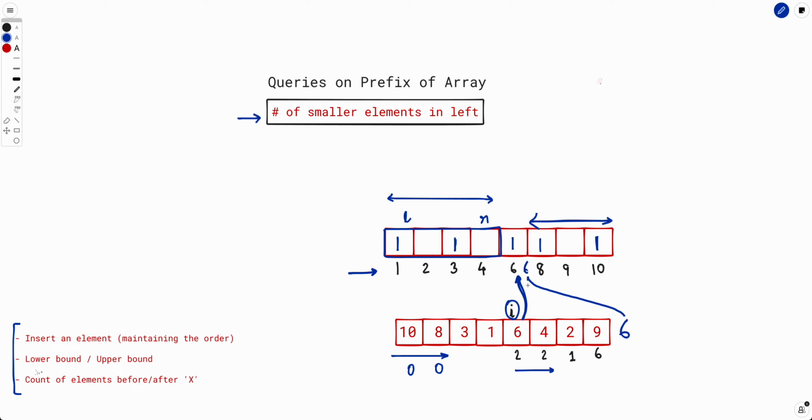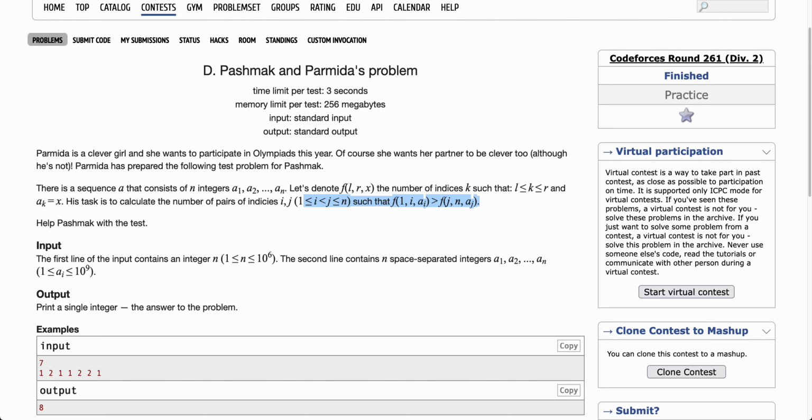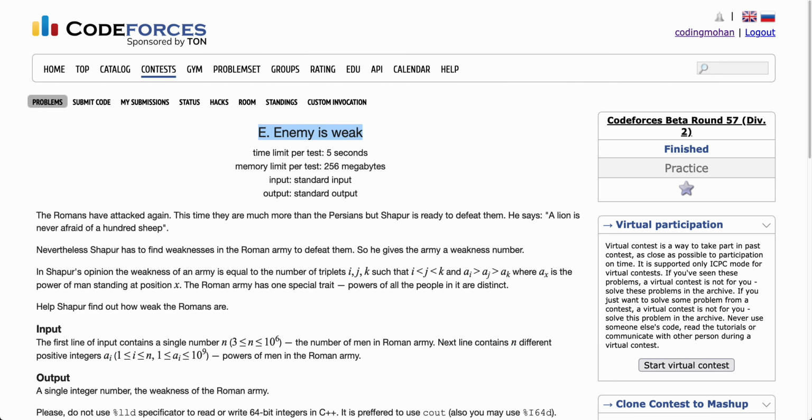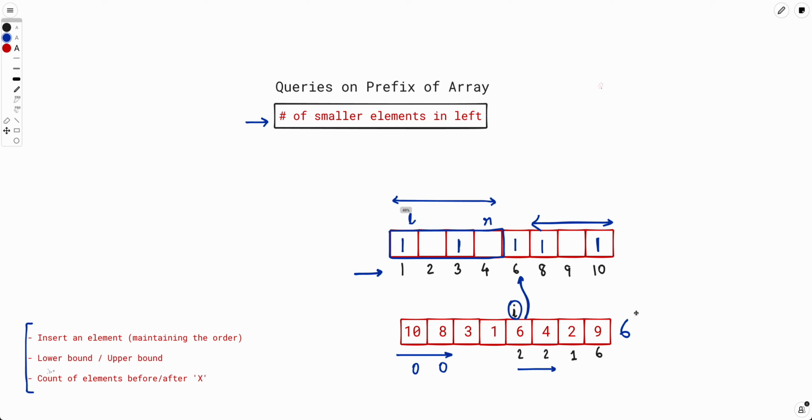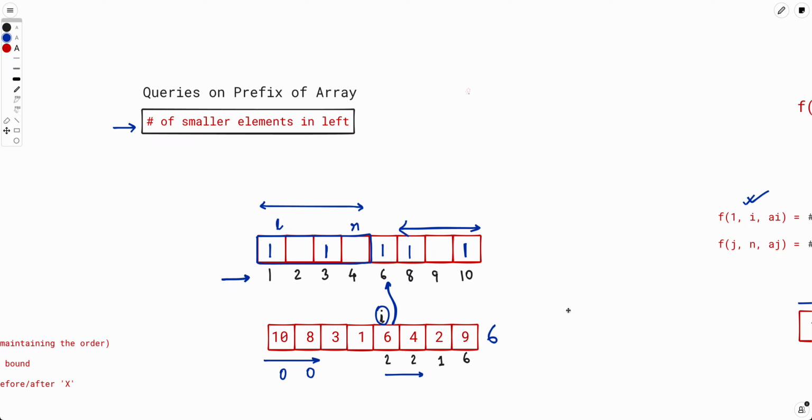So that's where the previous algorithm that we discussed in the past video while solving the enemy is weak problem will not work here, because in that problem we kept a map, but a simple map would not work here, and we have to do something else.